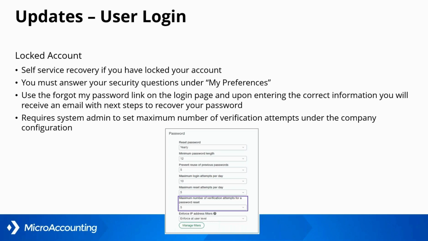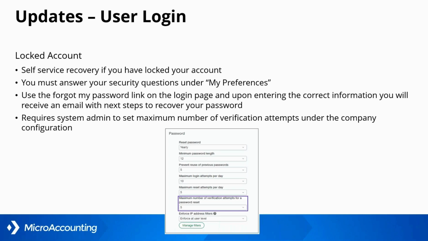They have to go in and set a maximum number of verification attempts for a password reset. Previously, we would set the maximum login attempts for a day before it did lock your account.